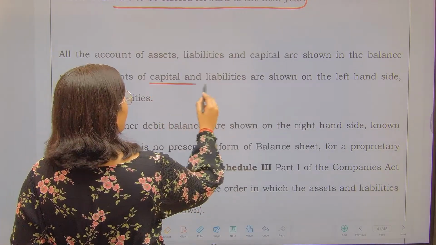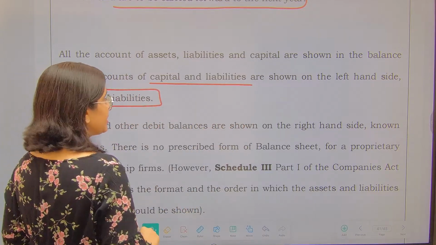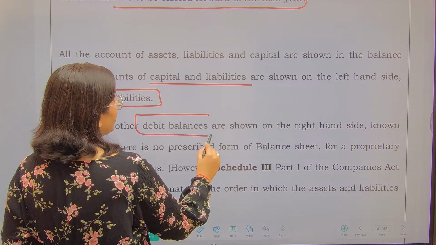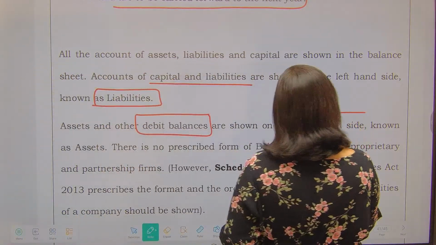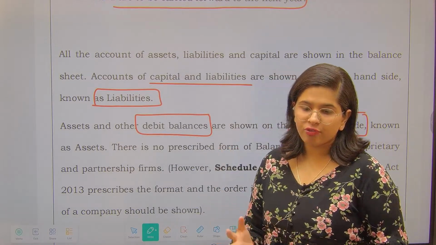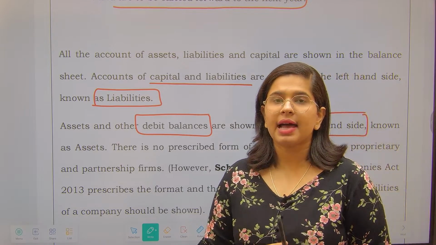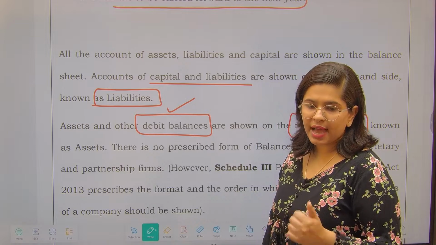Accounts of capital and liabilities are shown on the left hand side and they are called liabilities, whereas assets have debit balances and they are shown on the right hand side. Now we never know, a question can be asked that assets have what kind of balance. ठीक है, assets have what kind of balance. So you have to remember that assets always have debit balance.